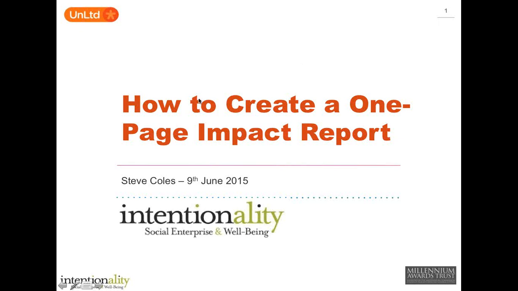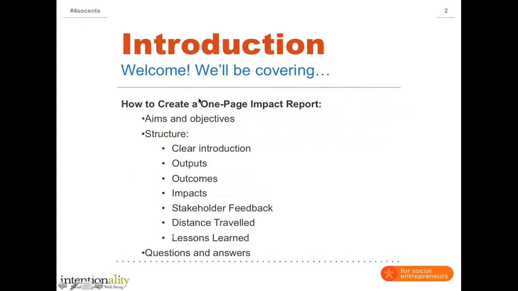Let me move on. Hopefully, if the technology is working correctly, you now see a slide headed Introduction, and so this just outlines what we're going to cover. It really is centered around best practice structures and best practice principles for impact reporting, and we're going to use this one-page template and structure in order to make it very accessible, very practical, very doable, particularly if you're starting out on your social impact journey.